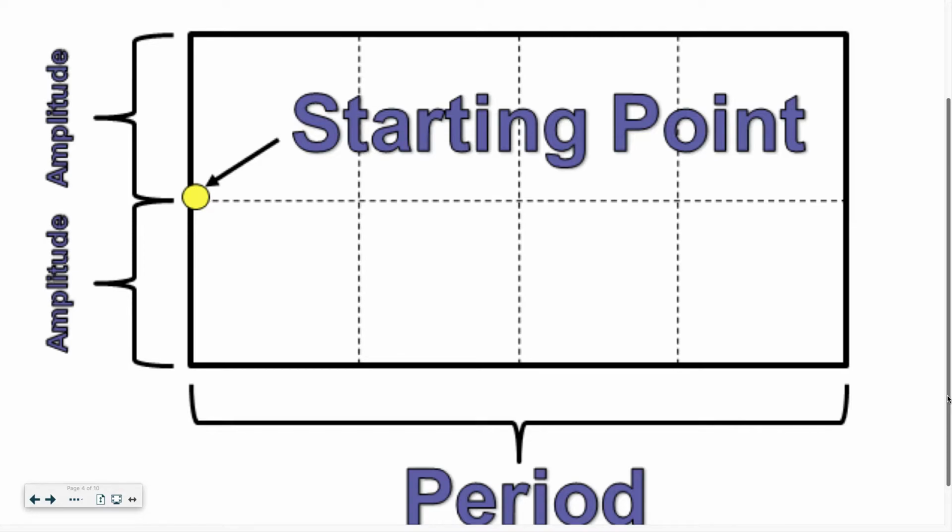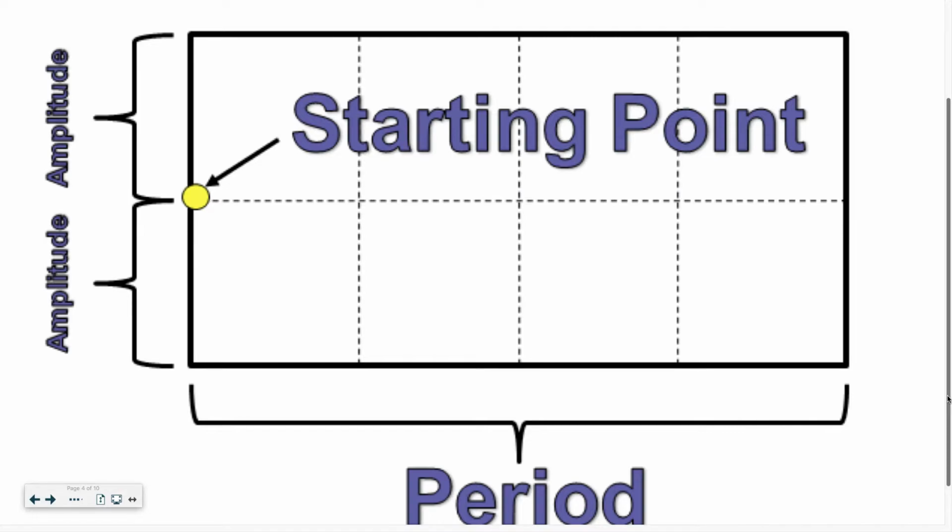And then the period is the length of the curve before it starts to repeat. So we're going to draw horizontally the length of whatever the period is. So then we have our frame, and I'm going to have you split it in half lengthwise, and then we're going to split it into quarters vertically.